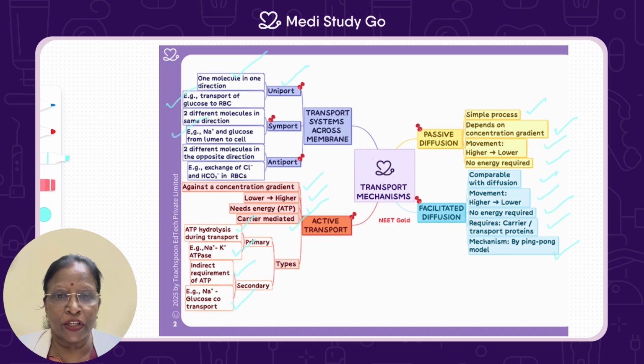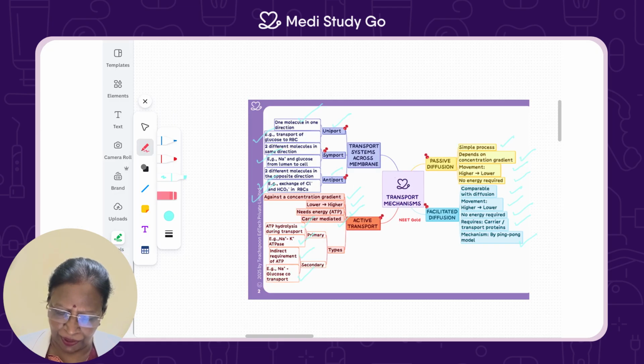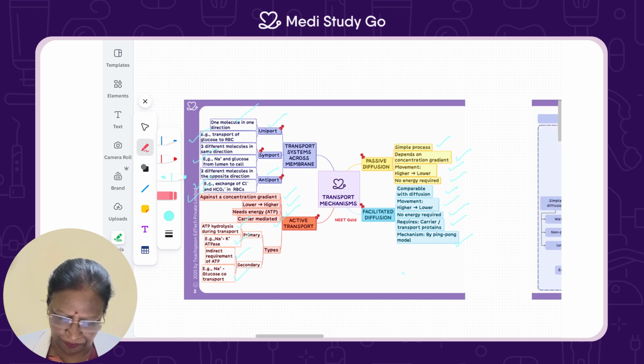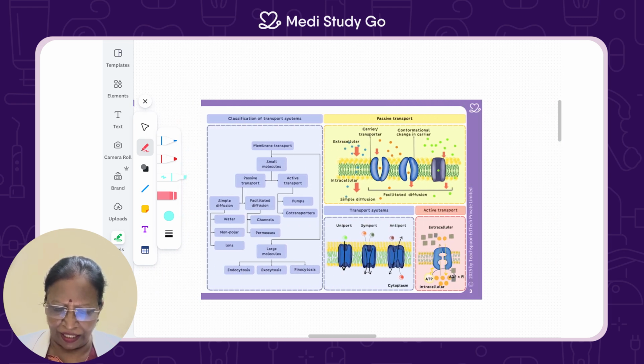And then two molecules in opposite directions, antiport. We have seen the sodium-potassium pump and also the transporter which transports bicarbonate and chloride across the RBC membrane. So, here is the mind map that is present in the mind map book. And these are the diagrams to go with it.